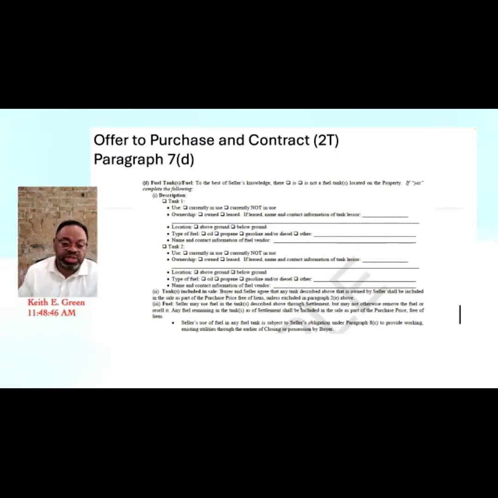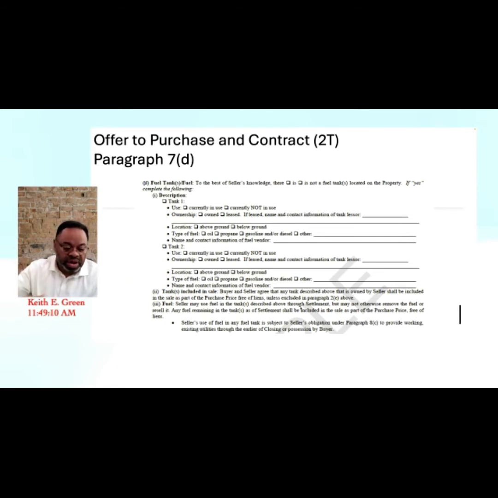So they had some issues where sellers had fuel or gas in their fuel tank, and they wanted to remove it prior to the house changing hands. And so it's saying here, no, you cannot do that, seller. What you can do is negotiate that in the price of your settlement, or the price of your offer.